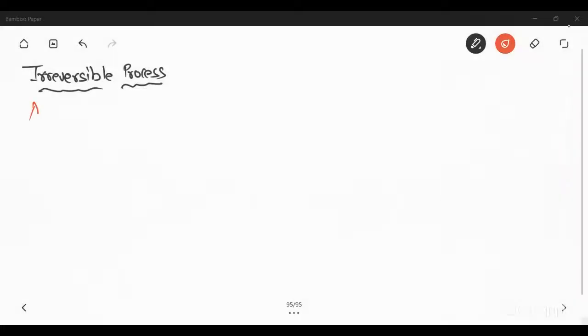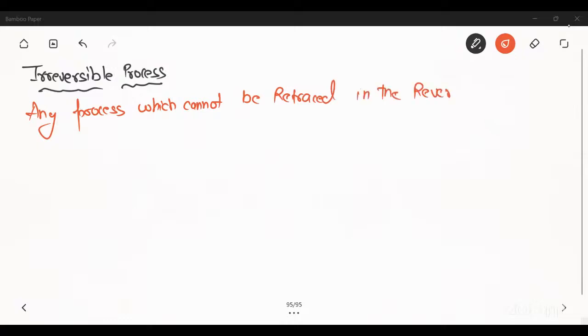So any process which cannot be retraced in the reverse direction is called an irreversible process.